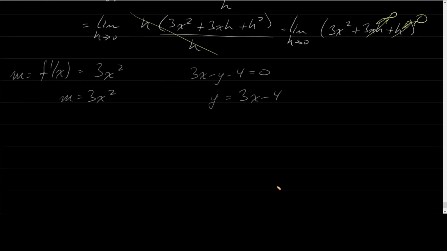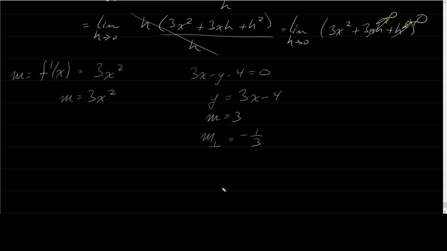So the slope for this equation is 3, but we want it to be perpendicular to this. So the perpendicular slope will be the negative reciprocal, which is how I get negative 1/3.